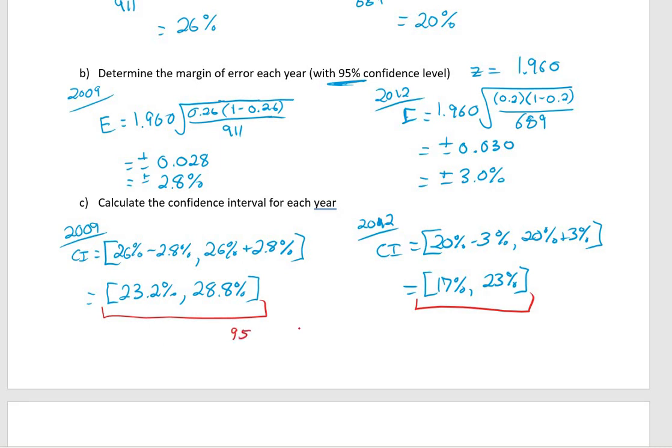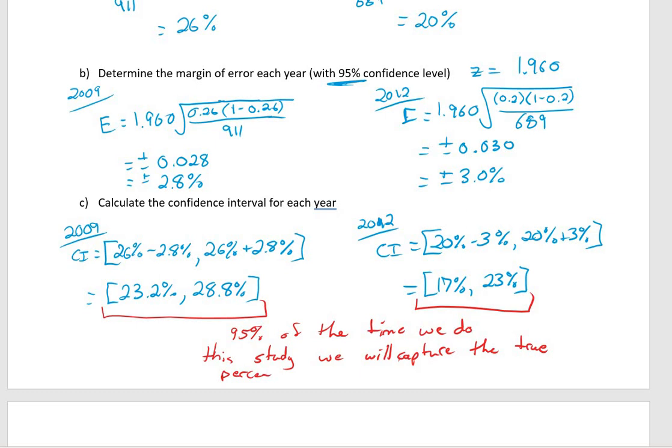So 95% of the time we do this study, we will capture the true percentage of lake trout.